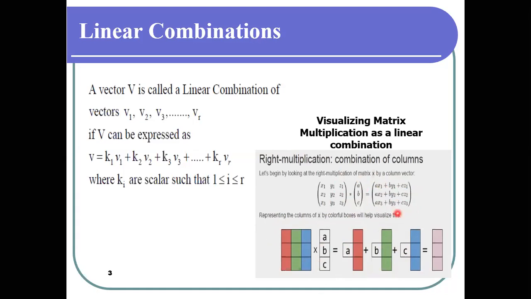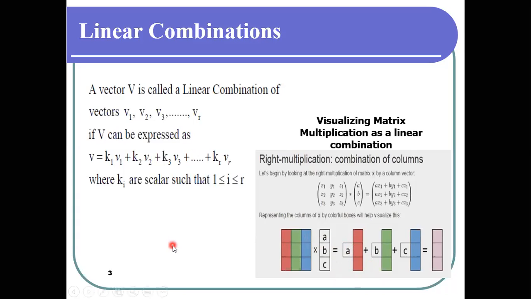So this is our output, which can be written as a linear combination of A, B, and C. I can say this matrix multiplication can be written as a linear combination of the column vectors of the given matrix.